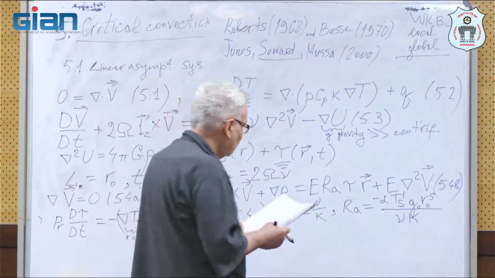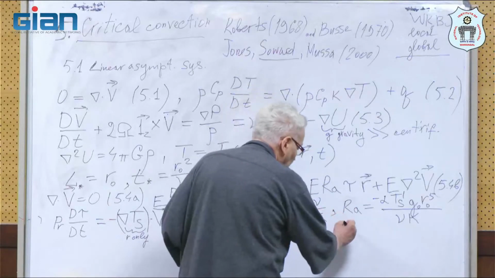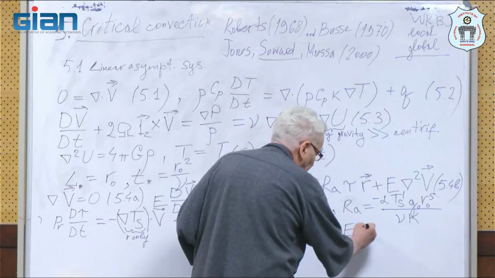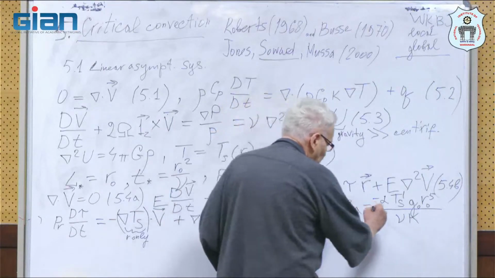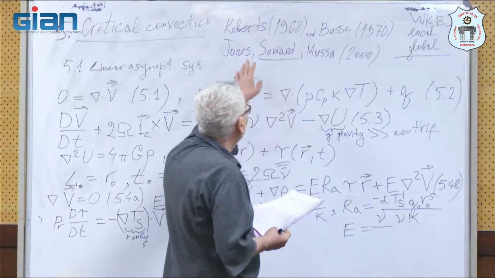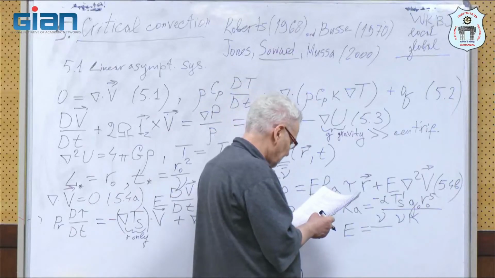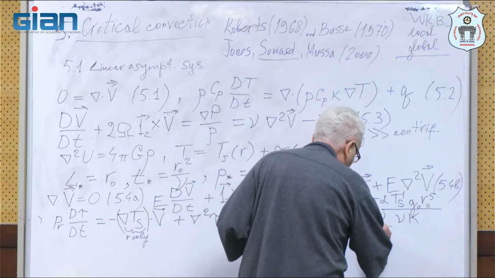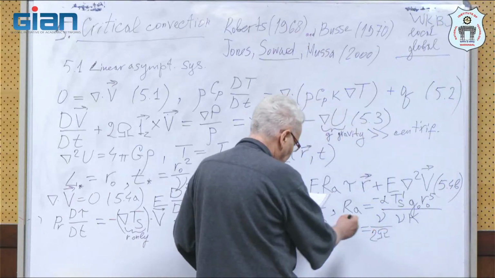And the Ekman number which appears here is slightly different, and this difference is quite obvious. We just include 2 in this. Not we, but Roberts and Busse. Okay, so they started this. Two is here.